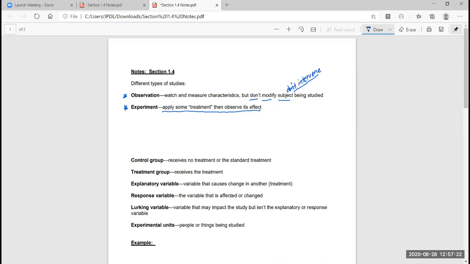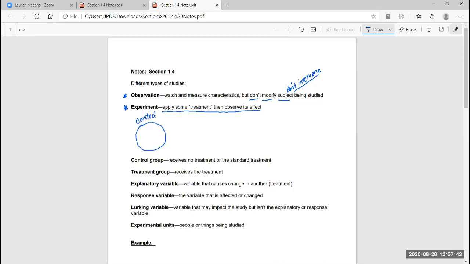You've probably seen experimental design before. Typically what happens is you have, that's not a very good circle. Let me fix that, that's gonna bug me. You have your control group. It's a little bit better.